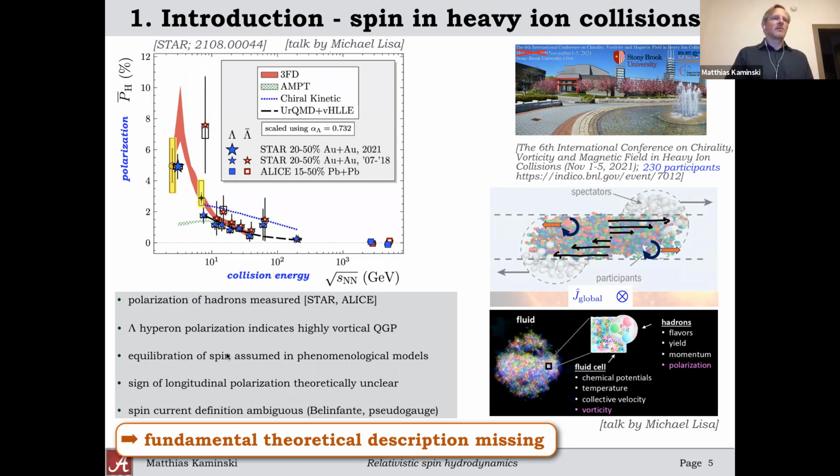So fundamentally, spin is not conserved. We know that spin is just conserved as part of the total angular momentum. So the total angular momentum is the orbital plus the spin angular momentum, and so it is difficult to argue about spin equilibrating and such. But the idea is these phenomenological models are getting into the ballpark of the data.